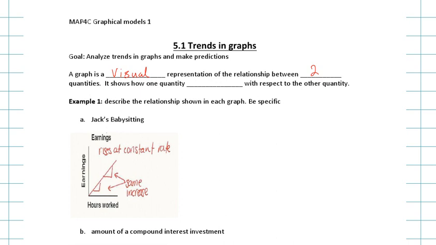We have X and Y. We always have two quantities, one on the Y-axis and one on the X-axis. It shows how one quantity changes with respect to the other quantity. Now, which one is your dependent and which one is your independent?